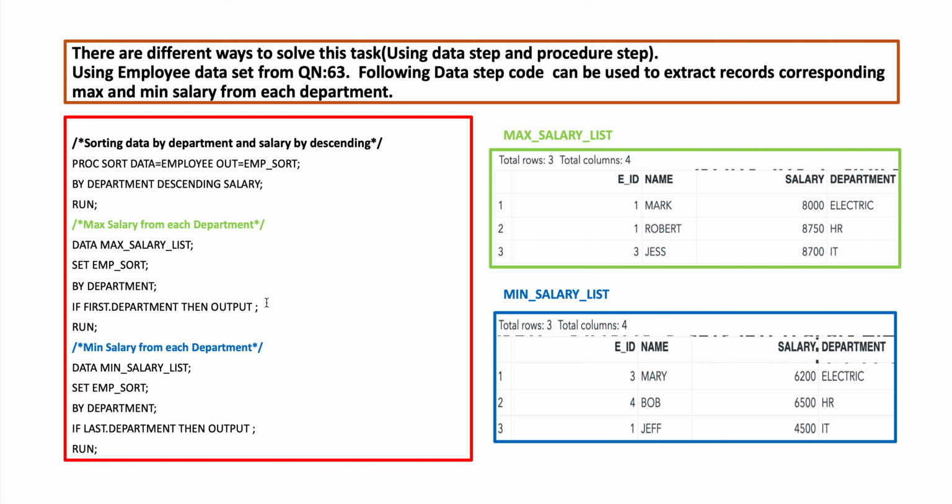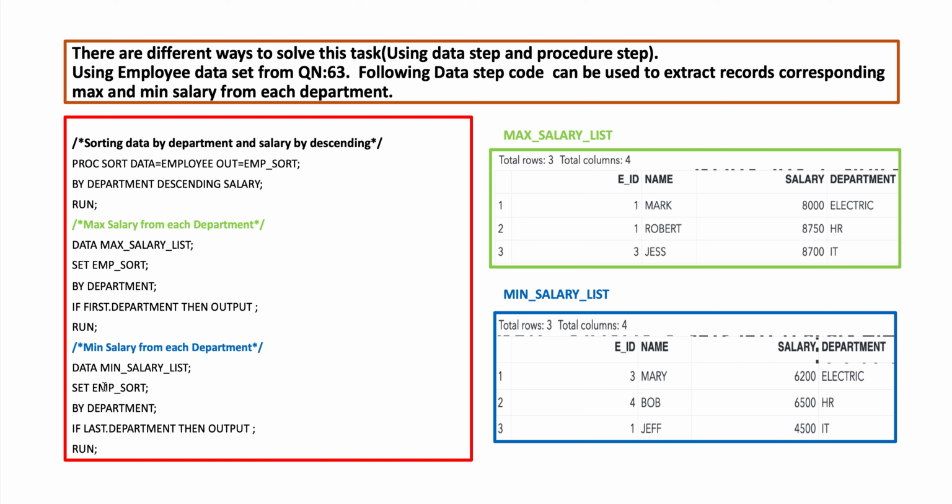That means it displays the first record from each department, and run. When we run the second set of code, we get the result as shown on the right side, first table. The output dataset name is max_salary_list. It has only 3 records because we have only 3 departments, and these 3 records are the maximum salary from each department.